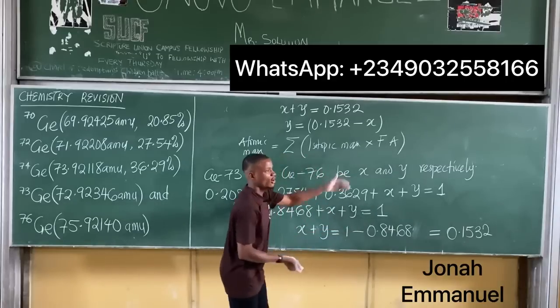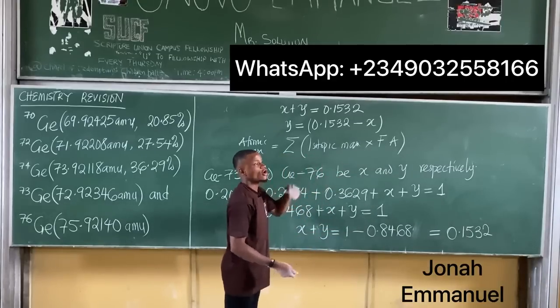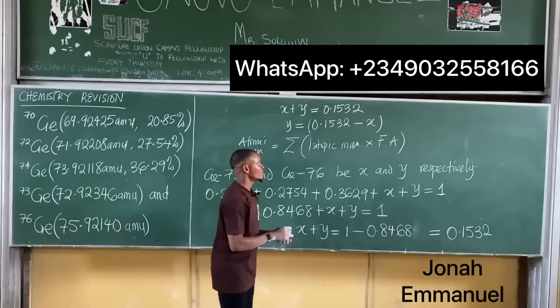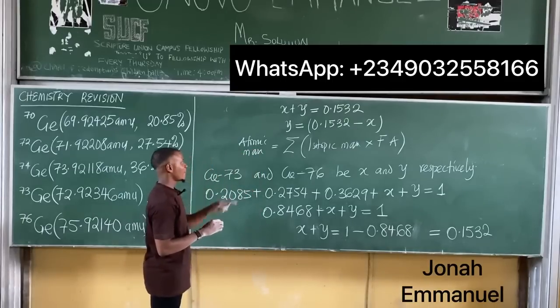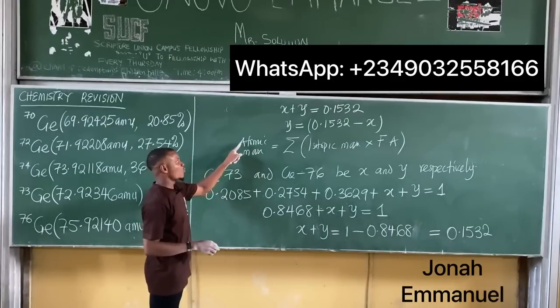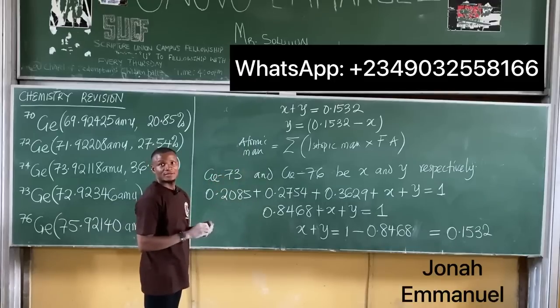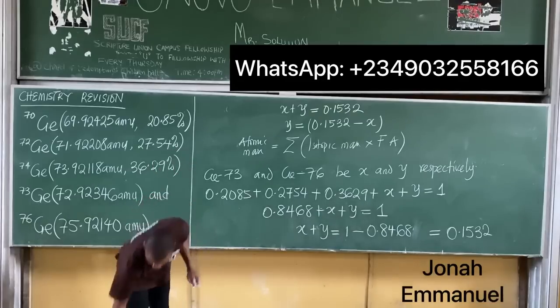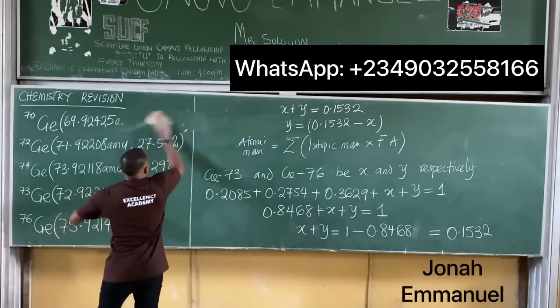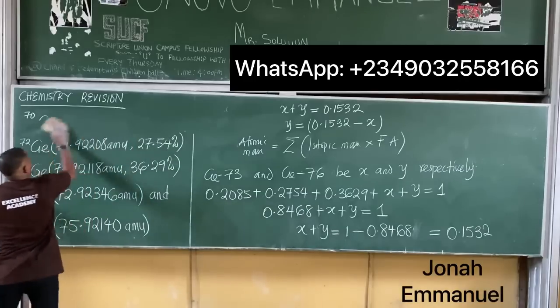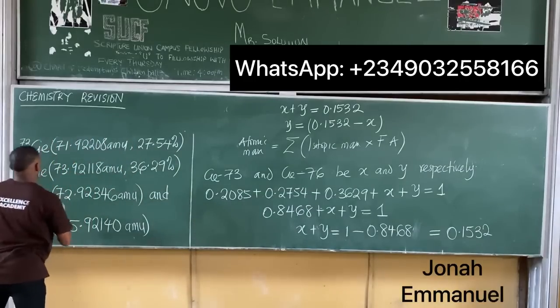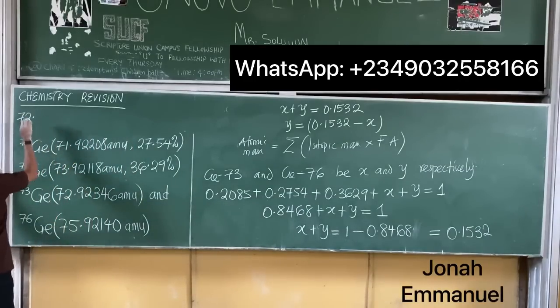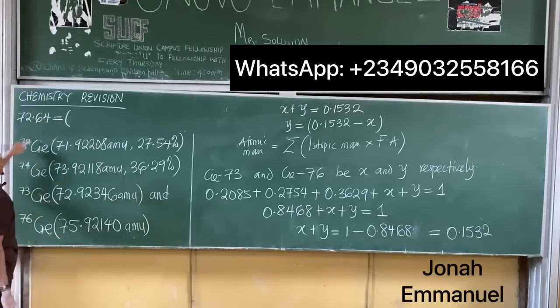Percentage abundance or fractional abundance or relative abundance. So look up, please. Please check your question. What was the atomic mass? All right. So it means that 72.64 is equal to, let's start with germanium 70.